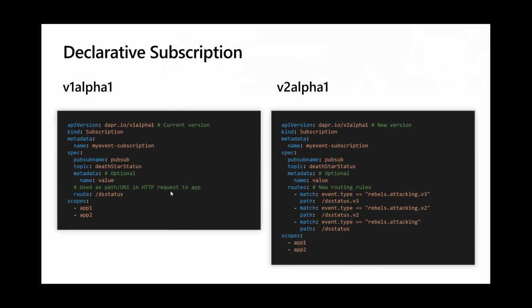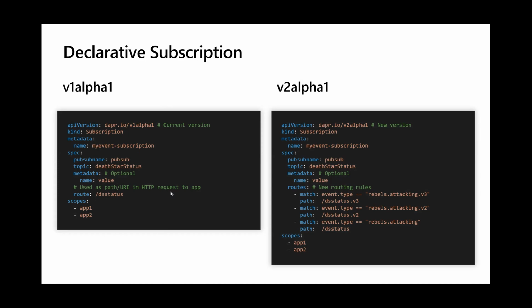You just say pub sub name and topic, optional metadata, and the route to which your app, if it's HTTP, will send that message. And that's basically it, right? The programmatic API does the same thing. Where we're going, with the routing-based approach, it was one route, now it can be many, right?